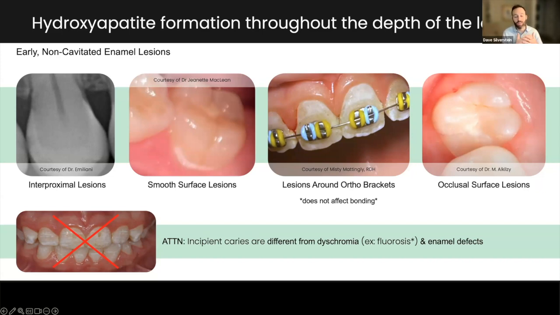Personally, one of my favorite and most rewarding places to use this is in that third picture there, around ortho brackets. When you take that explorer and feel those areas, sometimes it's rough. Because this patient might be 14 or 16, these lesions haven't been there for 20 years. When we place this medicine on there and give good home care instructions, the patient can do a good job.